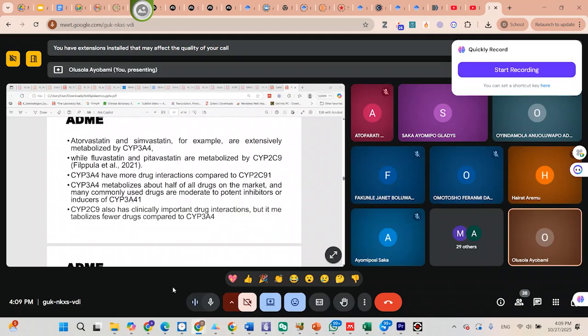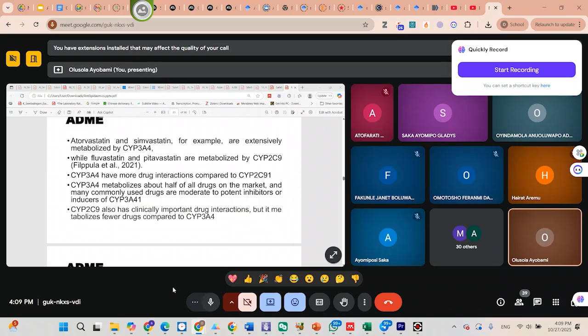So if I ask you a question like, justify why rosuvastatin may be the superior statin available in the market, if I'm going to answer that question, we start and say that it has a very long half-life, then it can be dosed any time of the day, not necessarily in the evening. Then I can say it is not a substrate for CYP3A4, hence it has minimal drug-drug interactions. Atorvastatin also has a very long half-life, but it's a substrate for CYP3A4, and so it can undergo several drug-drug interactions.